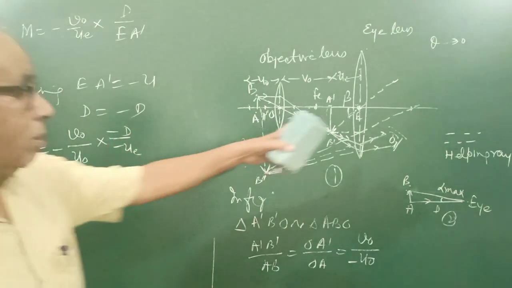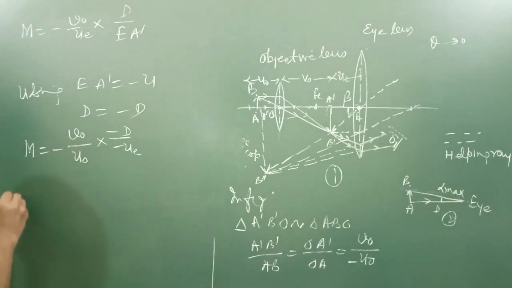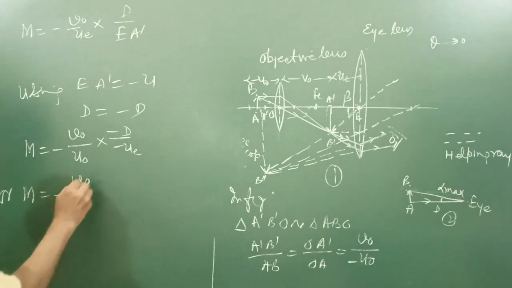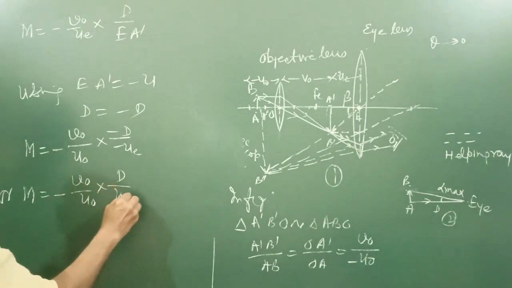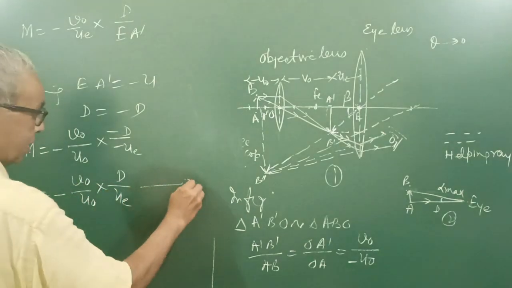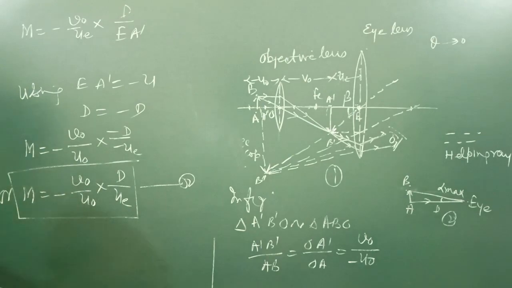Why E? Object distance for eye lens. And M is equal to minus BO over UO into D upon UE. This is the general expression for magnifying power.